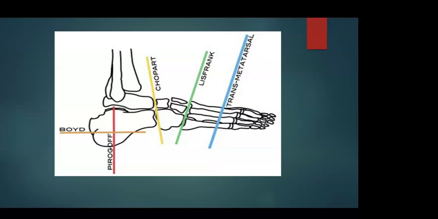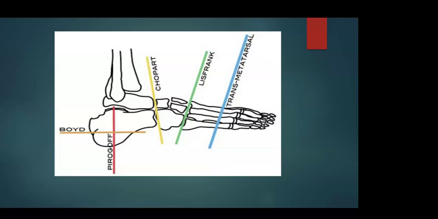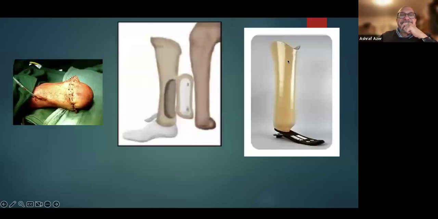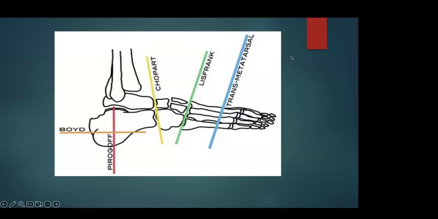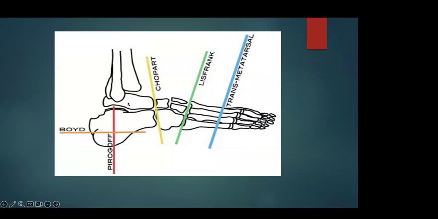Okay. Neuropathy. Is neuropathy a contraindication? No, of course it's not. It's a relative contraindication. Why do we say it's a contraindication?